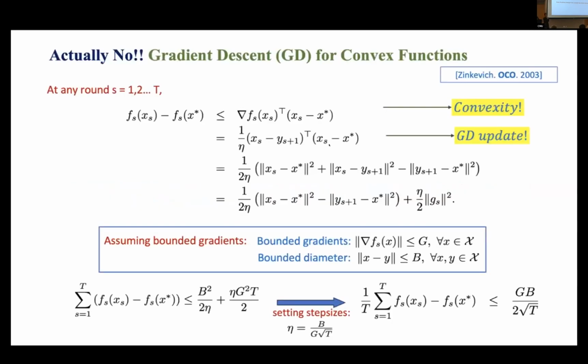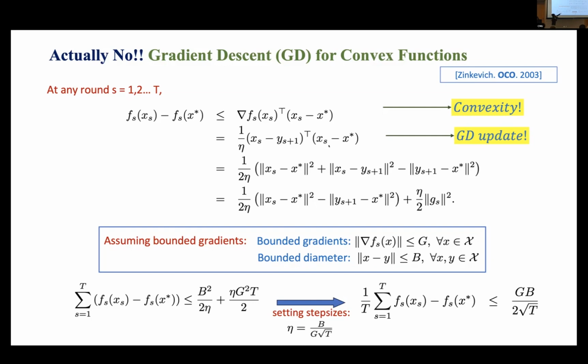And does anything change in the analysis? It turns out actually no. Gradient descent is even the optimal thing to do for an online sequence of functions, as long as I am comparing myself against a fixed benchmark x*. Note that this is exactly the same analysis that I explained in the earlier slide, modulo that I have changed all the f to f_t, as if my f is a time-dependent function changing over time.